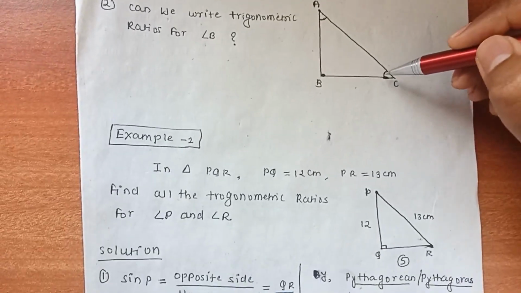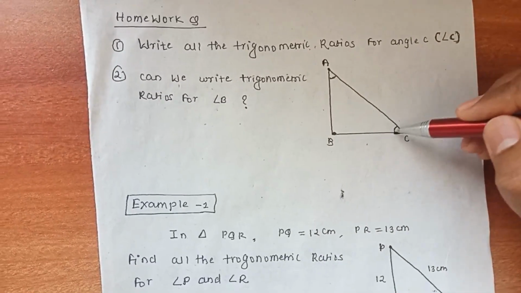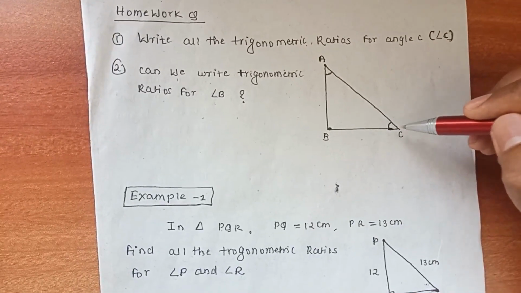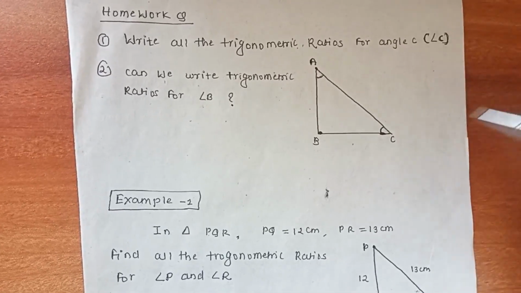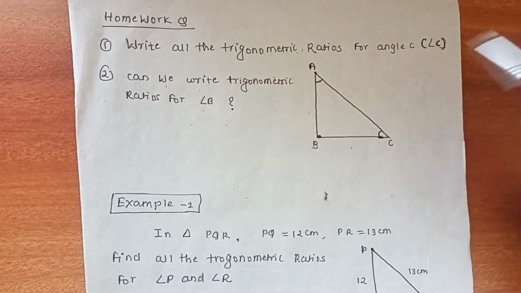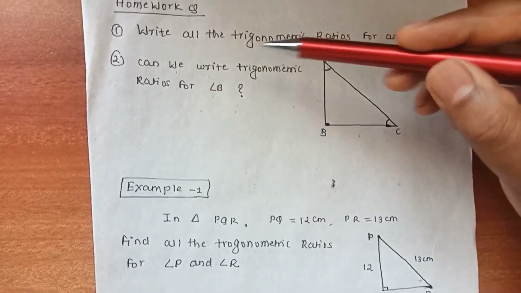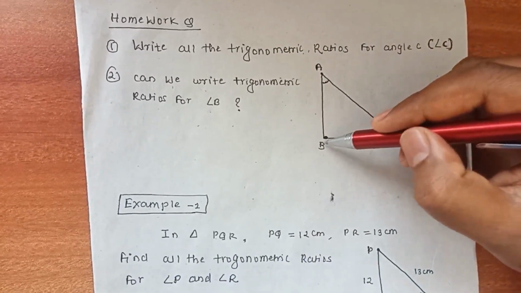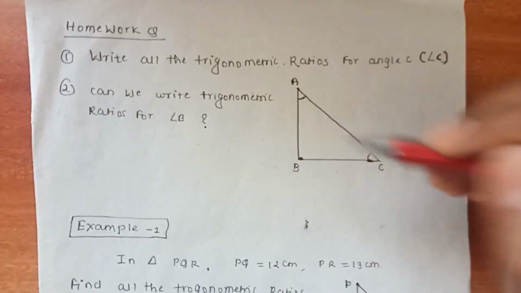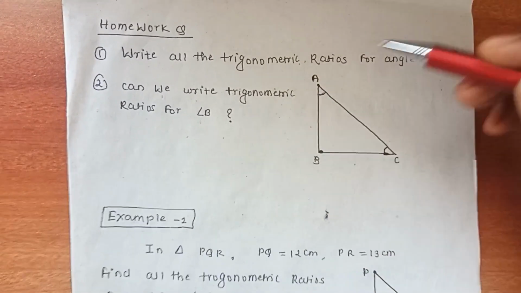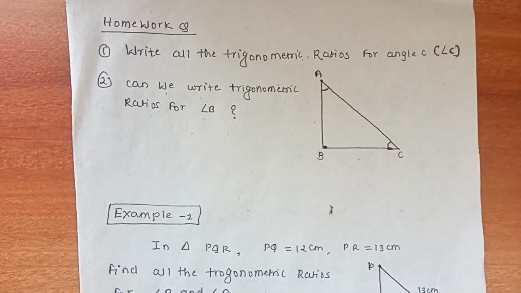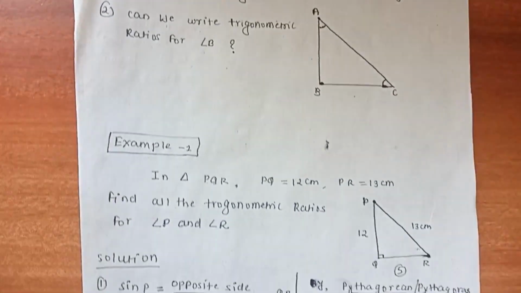This is the first homework question: find the trigonometric ratios of angle C. That means sin C, cos C, tan C, sec C, cosec C and cot C, everything in terms of sides. And the next question: can I find the trigonometric ratios or the value of angle B? You can just say yes or no, and if yes then why, if no then why not, you reply to me.